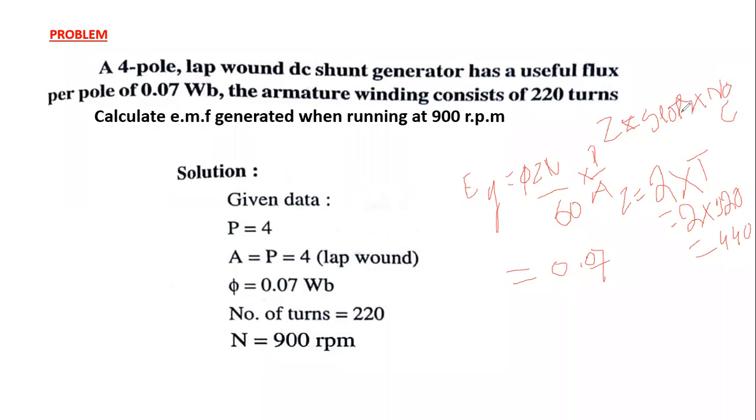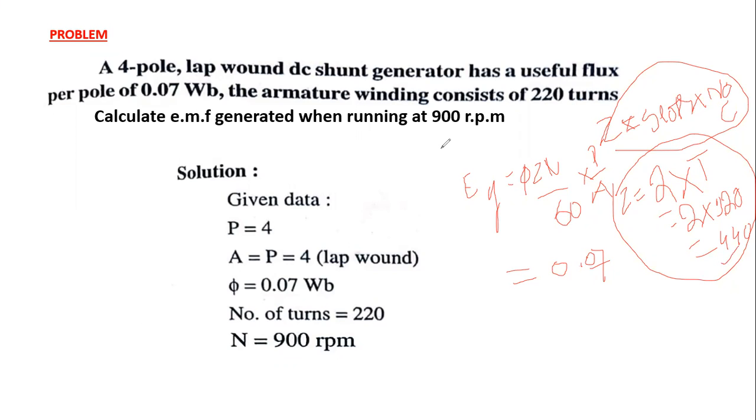These are the two formulas for calculating Z: Z is equal to slots into number of conductors, and Z is equal to 2 into T, where T is the number of turns. We have 220 turns. Therefore, Z is equal to 440 conductors.